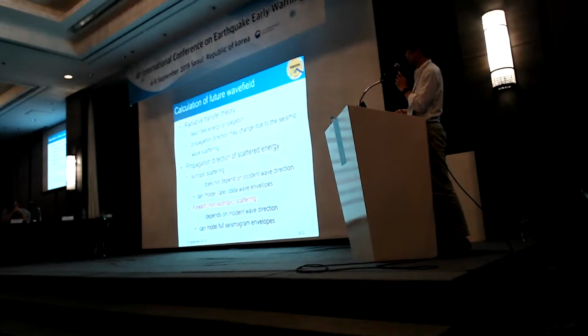One is isotropic scattering, where the propagation direction of scattered energy does not depend on the direction of the incident waves. This isotropic scattering model is adopted in Hoshiba-san's talk. The other is the forward or non-isotropic scattering model. In this model, the propagation direction of scattered energy depends on the direction of the incident waves.